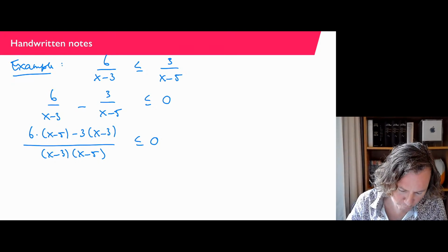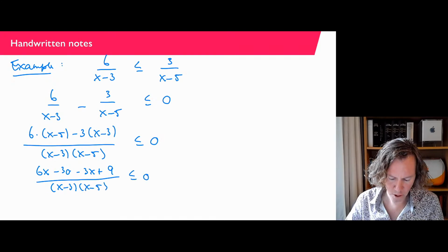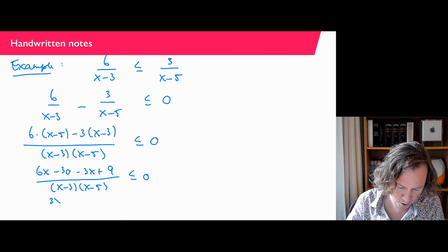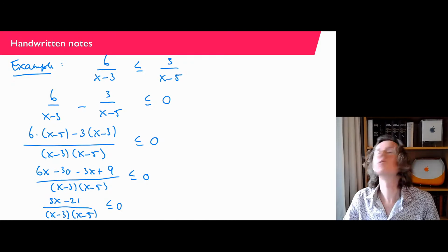So 6x minus 30 minus 3x plus 9 over the denominator, which I'll leave like this, less or equal 0. 6x minus 3x is 3x, minus 30 plus 9 is minus 21, over x minus 3 times x minus 5, less or equal 0.